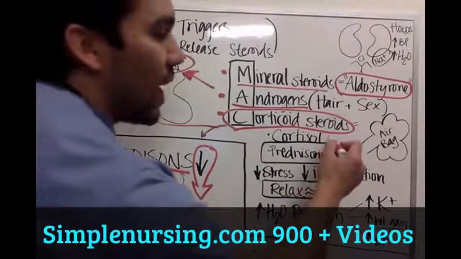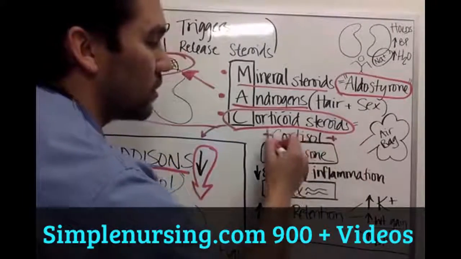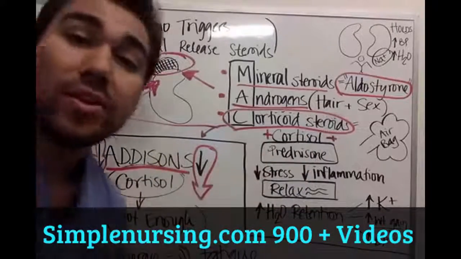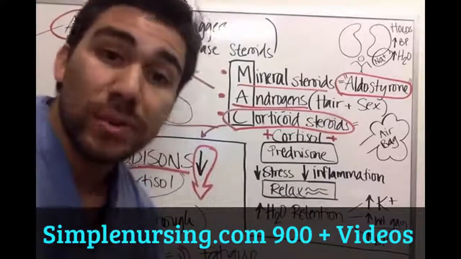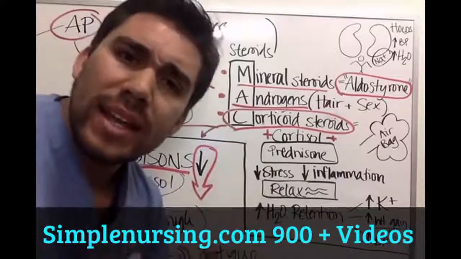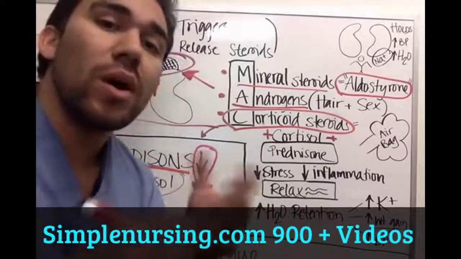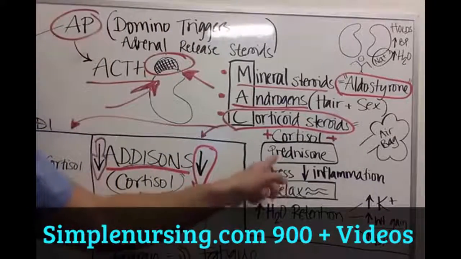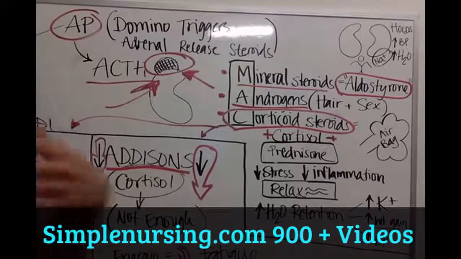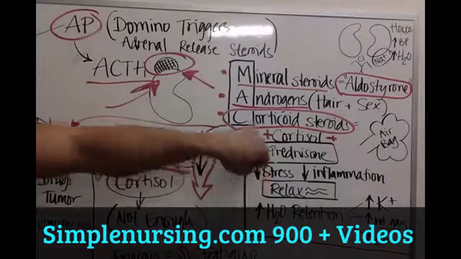What we do in the medical field is we take hormones that are naturally produced in the body and make medications out of them in the lab. So our bottled cortisol is what we know as prednisone, and prednisone is known as a corticosteroid.